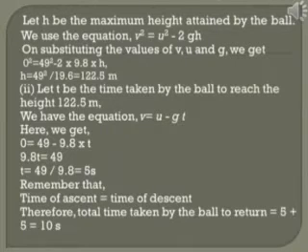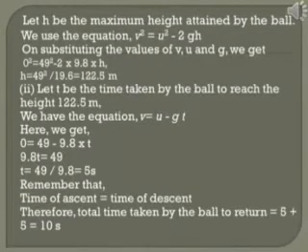Next we have to find the total time taken by the ball to return to the surface of the earth. Let small t be the time taken by the ball to reach the height 122.5 meter. We have to use this equation v is equal to u minus gt. Here we get 0 is equal to 49 minus 9.8 into t.